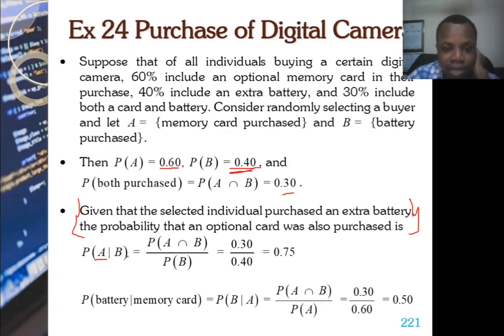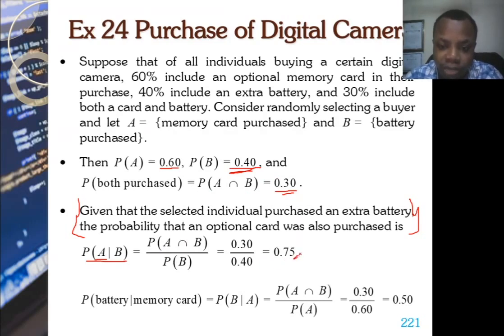And remember that B is referring to an extra battery. So probability that the person purchased a memory card, given that he has already purchased a battery. So this is a conditional probability, and we already know the formula. All that we have to do is just substitute their values in there. Remember, probability of A intersection B is given as 0.3, and probability of B is given as 0.4.